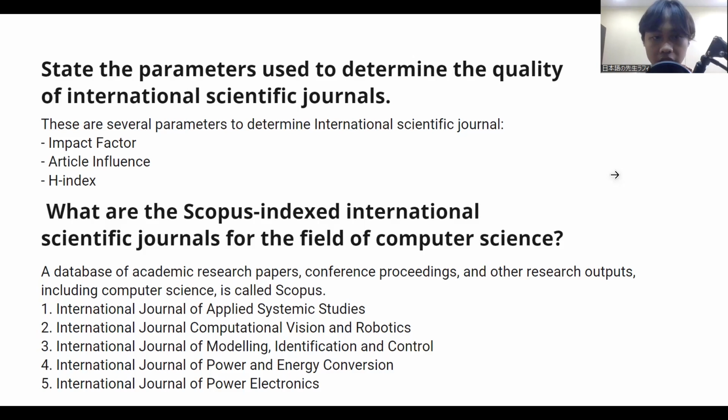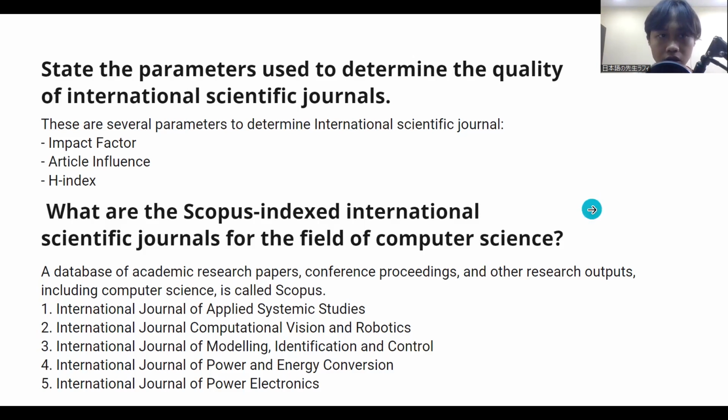The first is International Journal of Applied Science Systemic Studies, International Journal of Computational Vision and Robotics, International Journal of Modeling, Identification and Control, and the fourth is International Journal of Power and Energy Conversion, and the last is International Journal of Power Electronics.